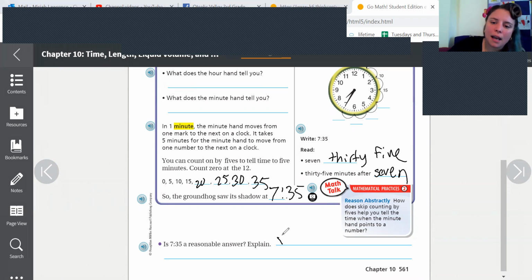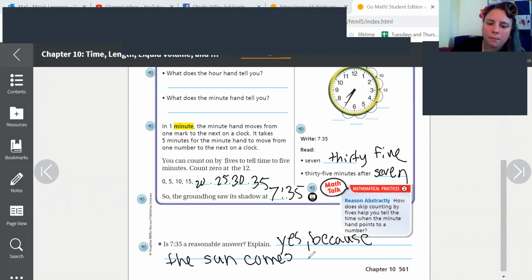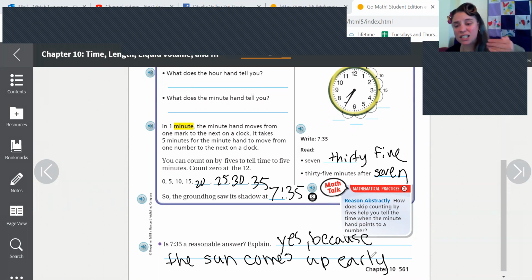So we're going to say yes, because the sun comes up early. So this is something you're going to see a lot of in this unit, is that you have to reason. You have to really think, does this make sense? Okay. It's going to be asking you this over and over and over again in this unit. It's your critical thinking, which you guys are getting really good at.